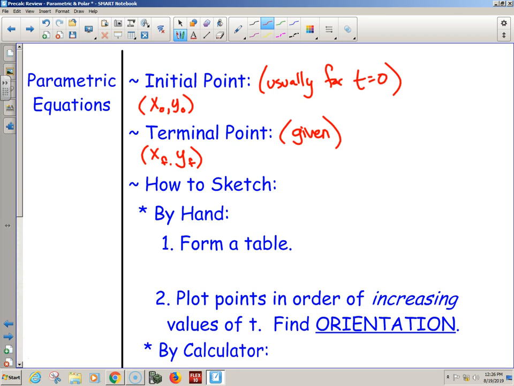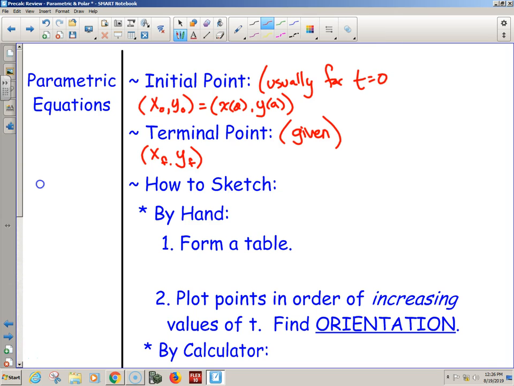Just a warning, even though it's like, oh, it's a point, and it's a point, just remember, this is for some sort of given time, like x of a, y of a. They're not going to necessarily give you the x and y, they're going to give you the time. So even though it's usually for t equals 0, it doesn't have to be.